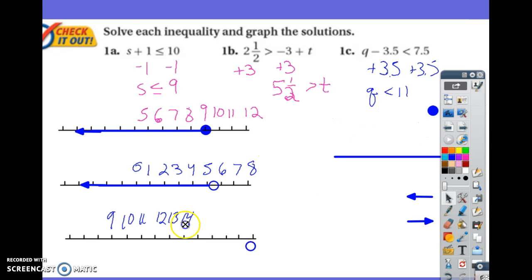Okay, open circle on 11 this time. Q has to be less than that value. So here we go with our arrow. All real numbers less than 11 are equal to Q, or can be solved for Q.